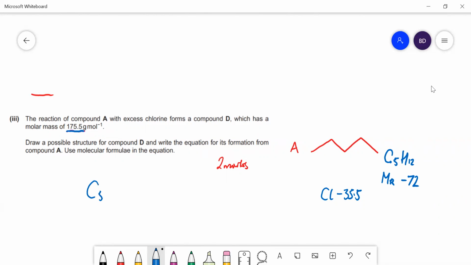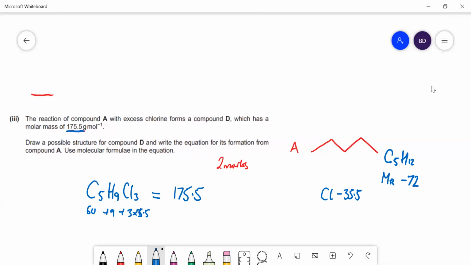So C5, now we replace 3 hydrogens, so that would be H9 now, and 3 chlorines on there. The Mr of that is going to be 60 plus 9 plus 3 times 35.5, and that is equal to 175.5.